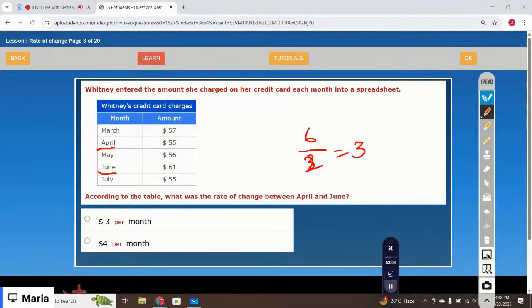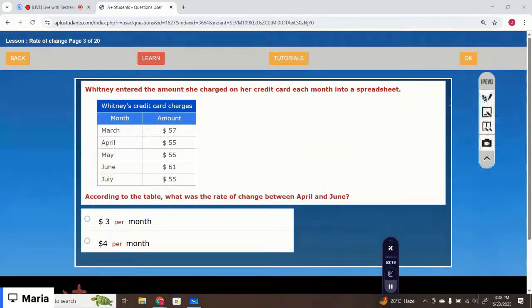That equals $3 per month. The correct option is $3 per month. Option number one is correct.